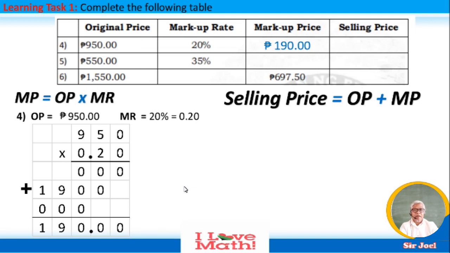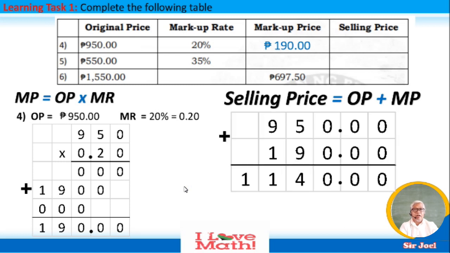Ibig sabihin, from the original price of 950 pesos and the markup price of 190 pesos, kapag inadd natin, that is equivalent to 1140.00, which of course is equivalent to 1,140 pesos. So, that's it. Yun yung ating example number 4. Siyempre pa, yung sample number 5, kaya-kaya itong gawin. Tama? So, tingnan nga natin.